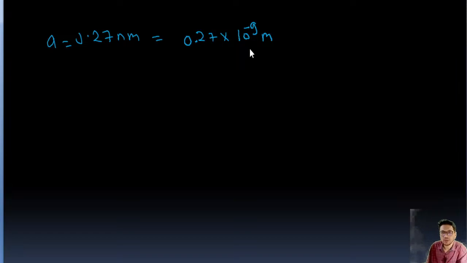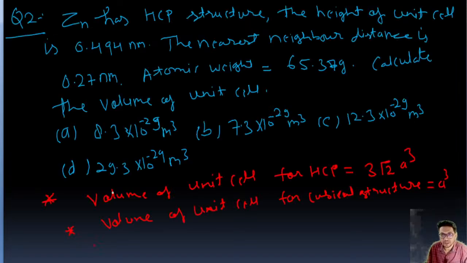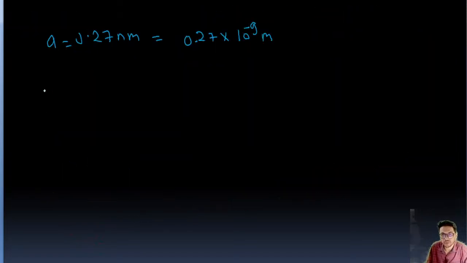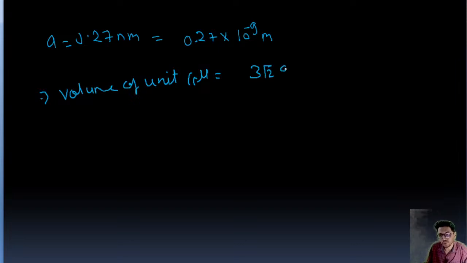Now we can easily find out the volume of the unit cell. Volume of unit cell equal to 3 root 2 a cube, right?